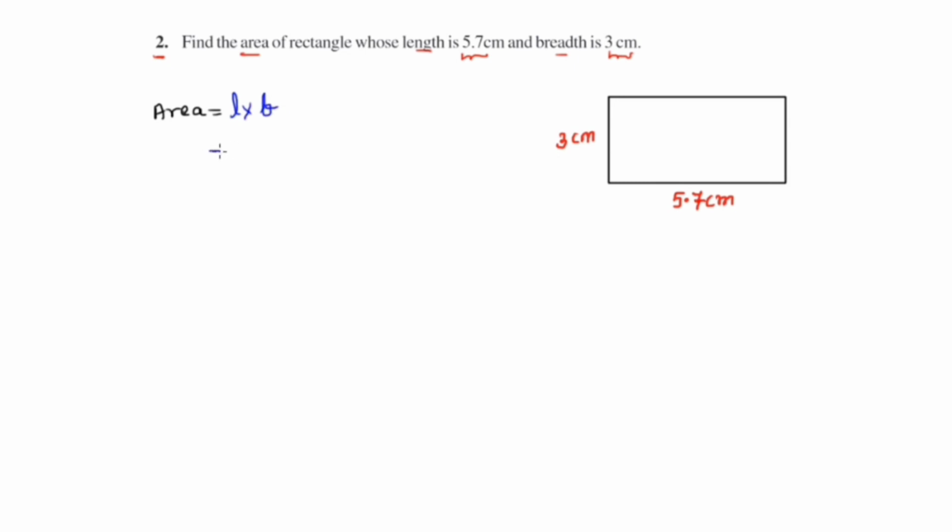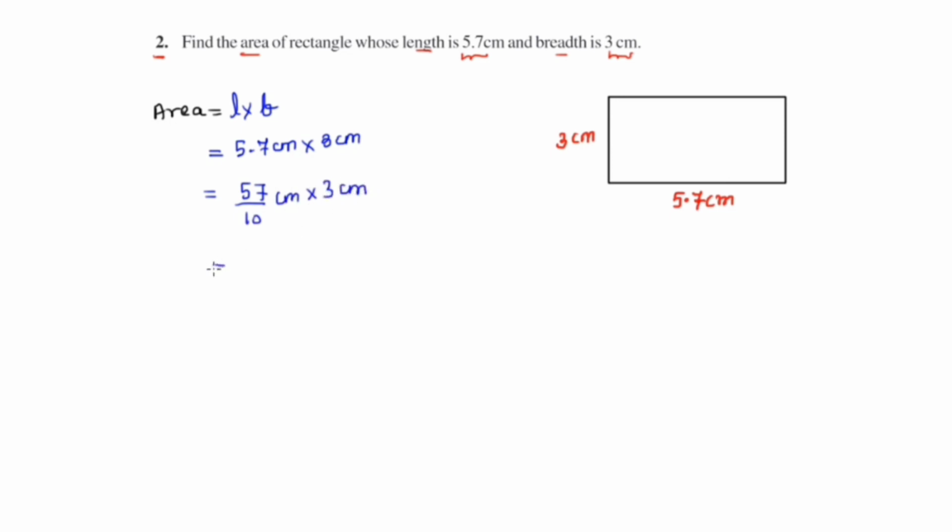Now substituting the values, we will write length equals 5.7 centimeter and breadth equals 3 centimeter. Now converting the decimal part into a fraction, we will get 57 over 10 centimeter as length times 3 centimeter as breadth.